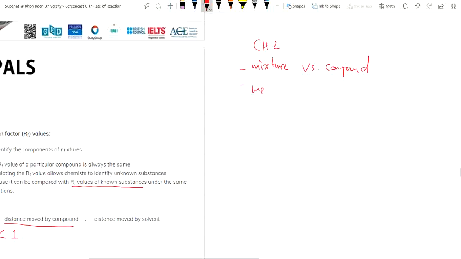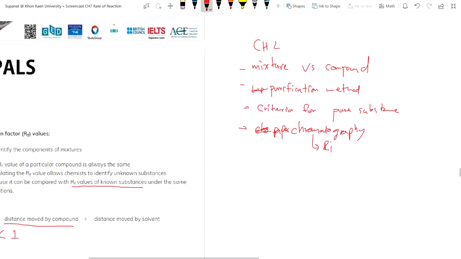The methods of purification, the criteria for a pure substance, and paper chromatography, and the RF value equals the distance traveled by the substance divided by the distance traveled by the solvent. Okay, this is the RF value.